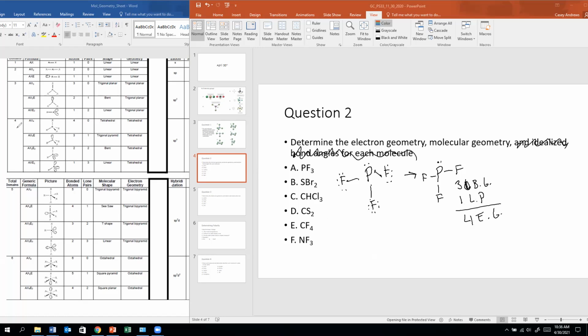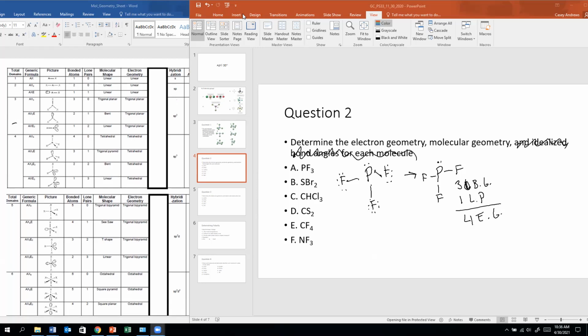So I want to go down to 4 electron groups and see, for 4 electron groups, what is the geometry of 3 bonded atoms and 1 lone pair? Well, the molecular shape, which I'm going to call MS, is trigonal planar. Oh, trigonal pyramid, sorry. While the electron geometry is called tetrahedral.